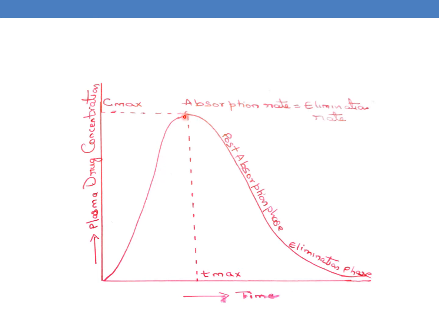At the peak plasma concentration, which is Cmax, and the time to reach peak plasma concentration, called Tmax, the rate of absorption equals the rate of elimination. After that, the post-absorption phase occurs, and after that, the elimination phase occurs. So this is the plasma concentration time profile obtained after extravascular administration of a single dose of drug.